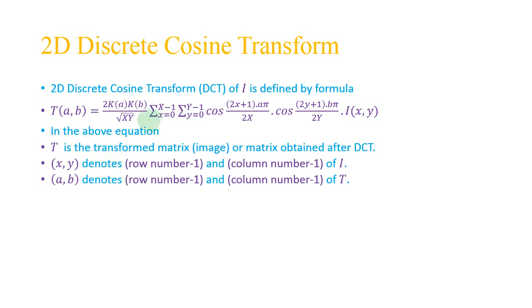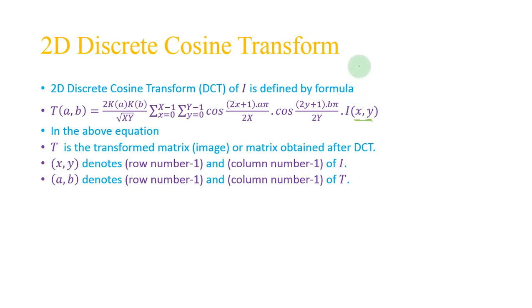Why are we using row number minus 1? Because the counting of the elements starts from 0 0. So in this case, when we use XY, the first element at first row and first column will be I of 0 0.